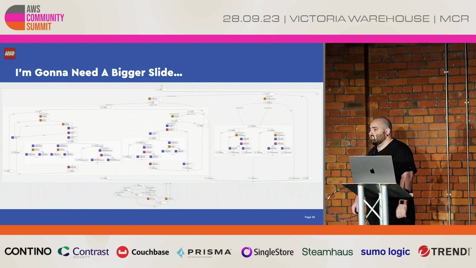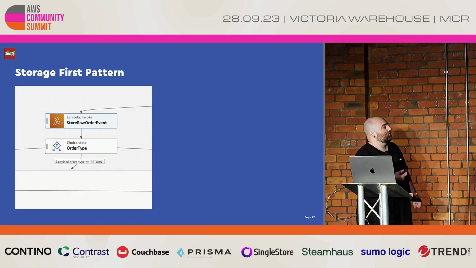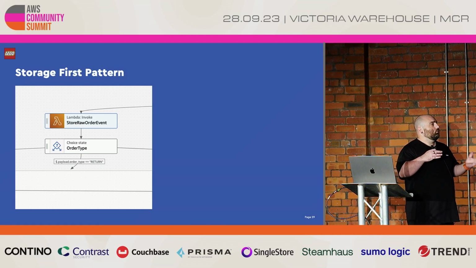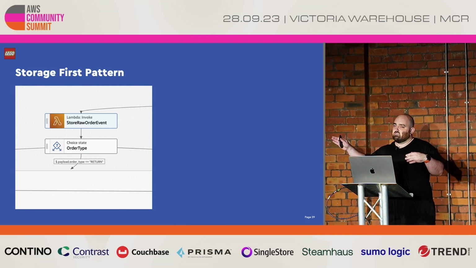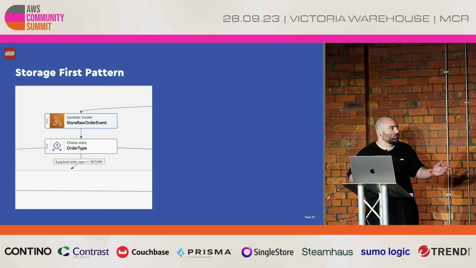Looks quite scary. Yes? No? Don't want to look at it anymore? No, neither do I. So I mentioned a few times that we run a storage first pattern. What I'm going to do is go through the key points of that step function. I'm not going to run through it all because we don't want to be here until next year.